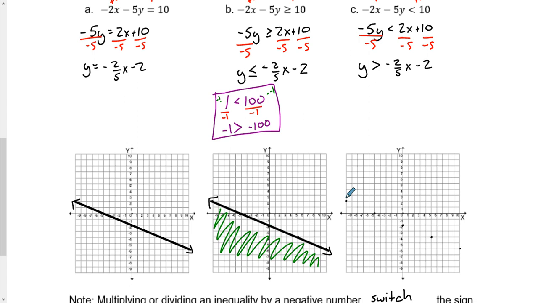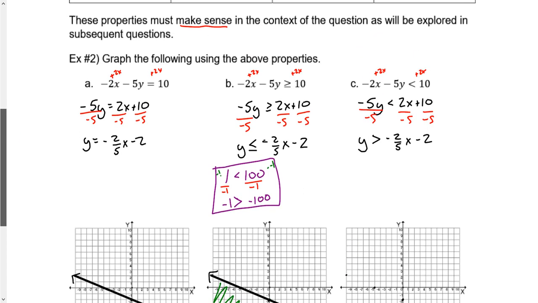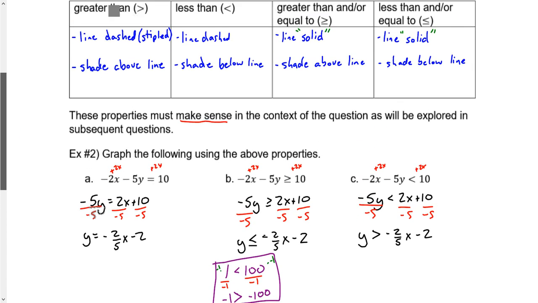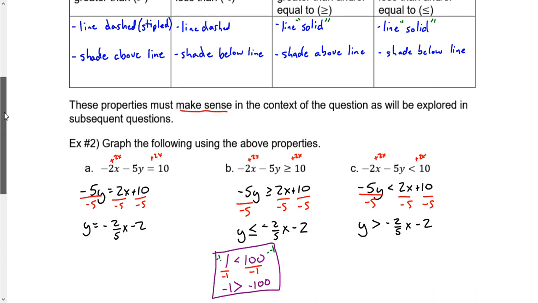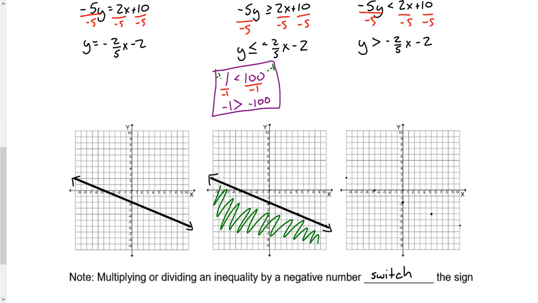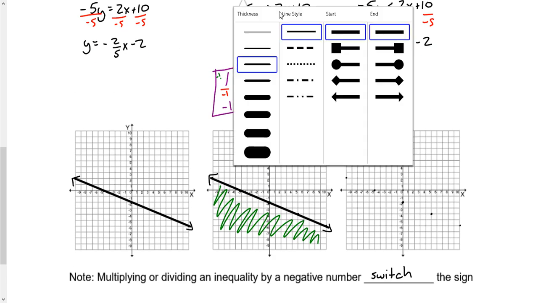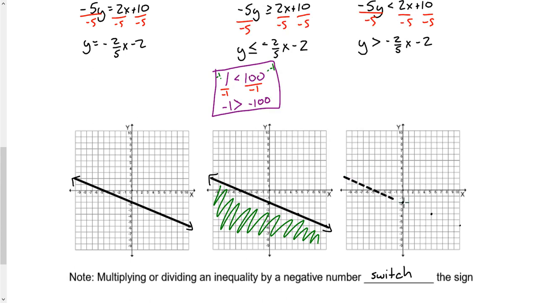So now that we've laid out our outline, a greater than symbol means that we're going to have to use a dashed or a stippled line. And we have to shade above the line. So a dashed line is going to look like that.